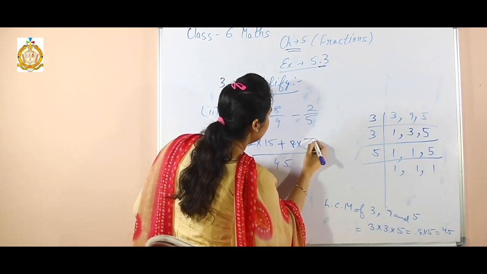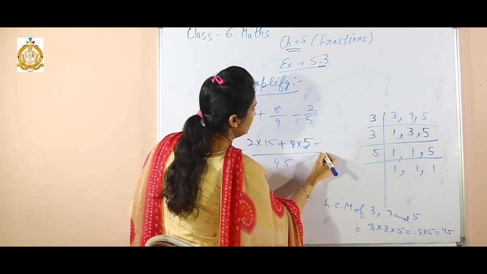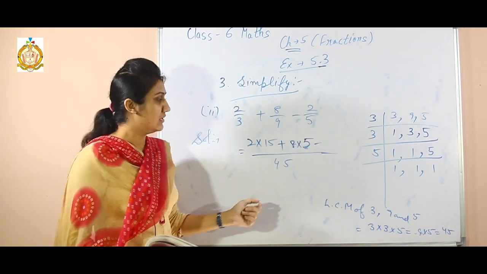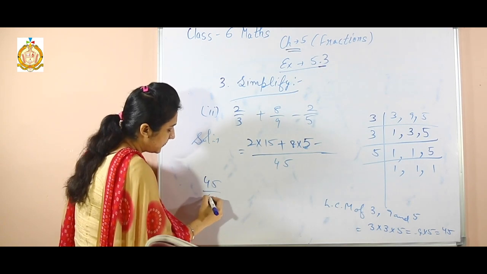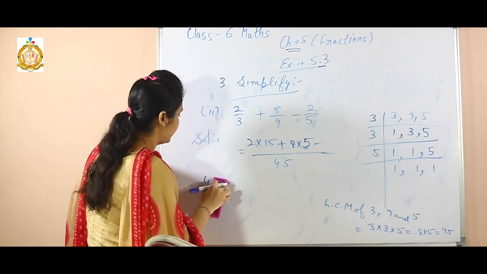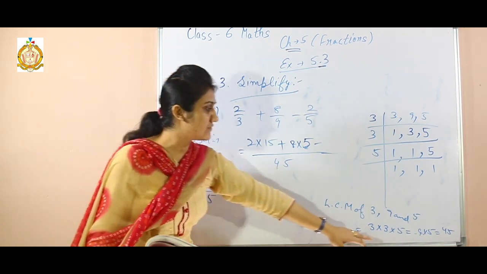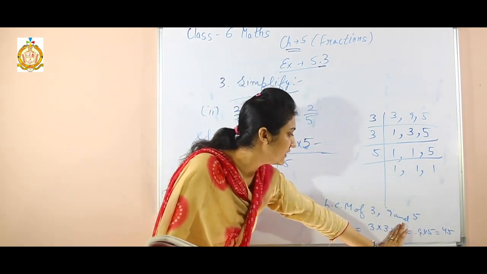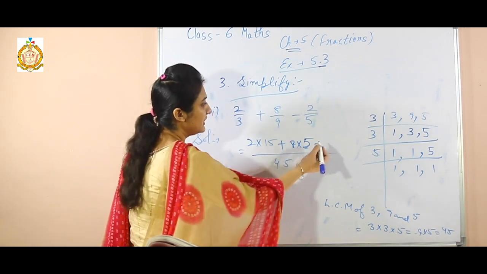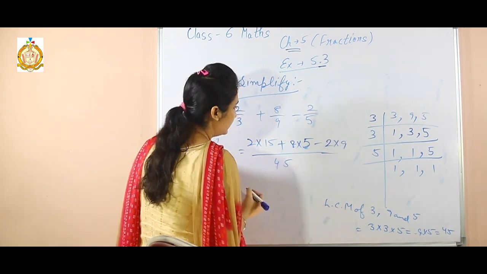Again divide the LCM by the denominator. Divide 45 by 5. If you divide 45 by 5, you will get the answer 9. So multiply the numerator with 9.